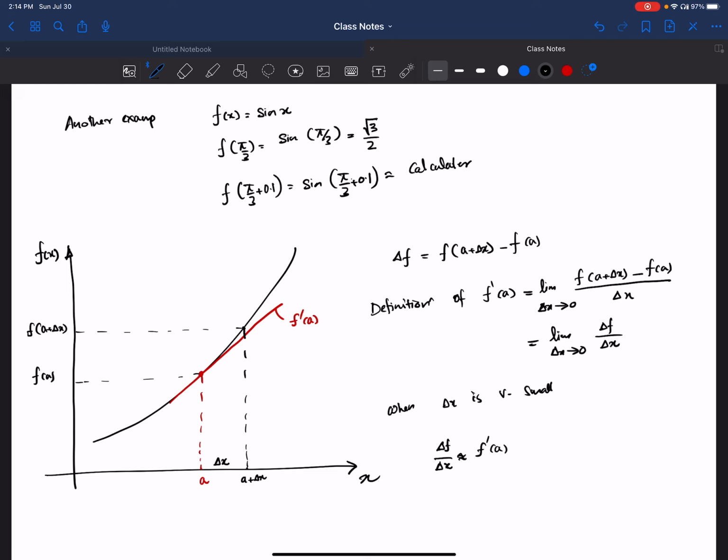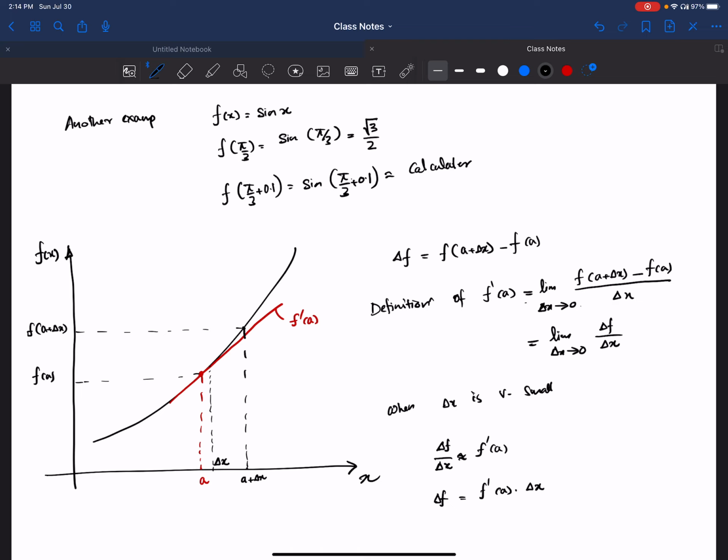That's what this limit says. When delta x goes to 0, when delta x is very, very small, delta f over delta x is approximately equal to f prime of a. So we can find delta f by using f prime of a times delta x.